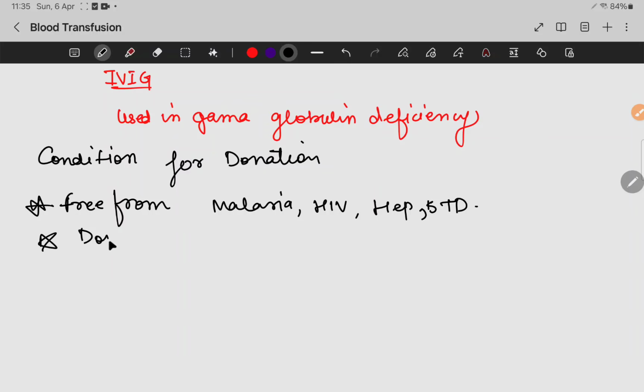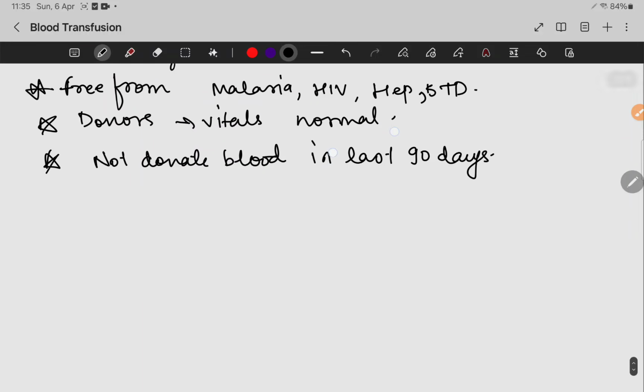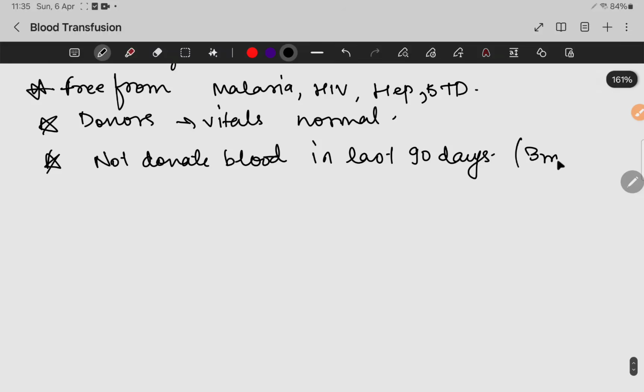The donor's vitals should be normal before donation. Donor should not donate blood in the last 90 days. Okay, that means 3 months. So the normal interval for blood donation is 3 months.